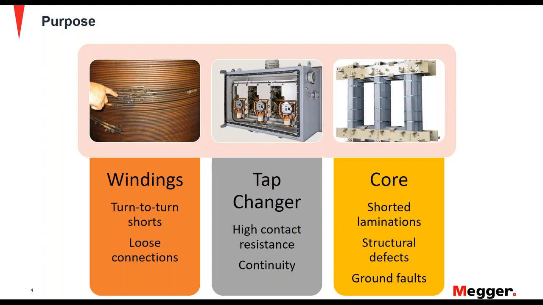If we have tap changers, we want to understand if there are any high resistance connections in the mechanism or if the continuity of tap changers is affected. And finally, with the excitation current, we are going to understand the workings of the core to see if there are any flaws such as shorted laminations, ground faults, or any structural defects.